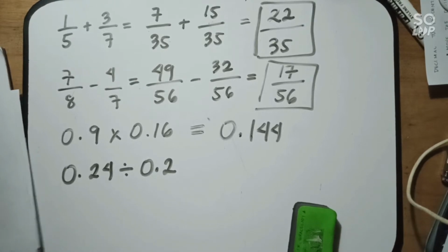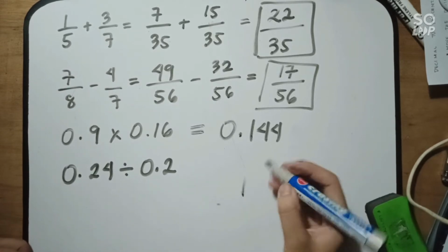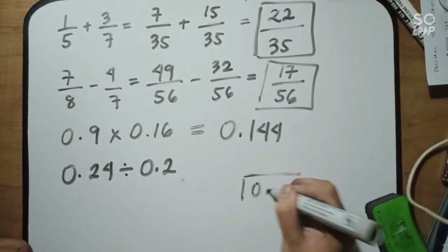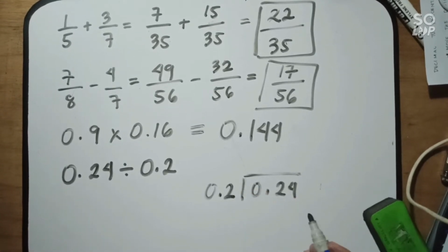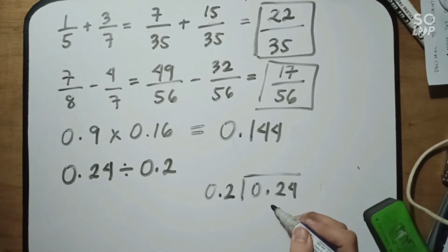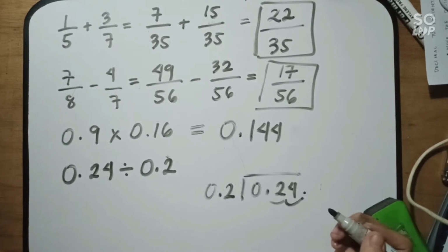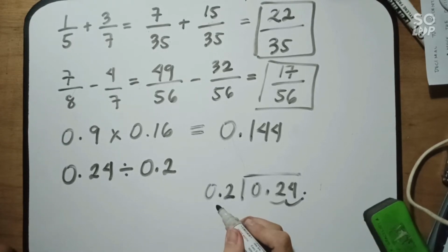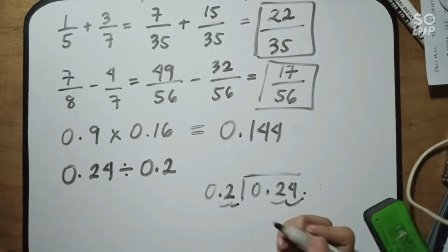So 0.24 divided by 0.2. First we need to move the decimal places to the right in order for the dividend to be a whole number. So 1, 2. And then move also 2 places of the decimal point in the divisor. So 1, 2. Therefore the divisor will become 20.